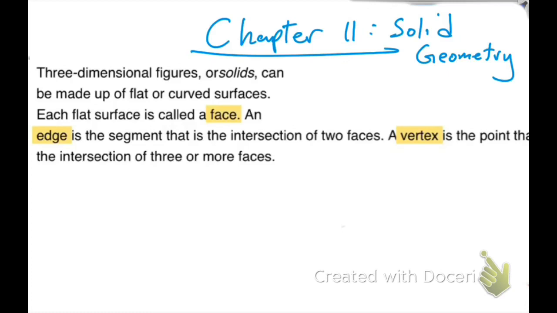So we're going to say that three-dimensional figures, or solids, can be made up of flat or curved surfaces. Each flat surface is called a face, and an edge is a segment that is the intersection of two faces. Now, a vertex is the point that is the intersection of three or more faces, where they all come together.